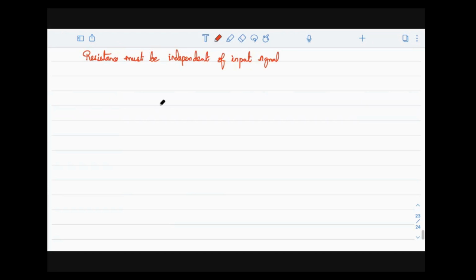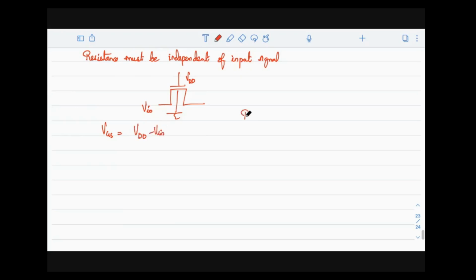Now if I look at the switch, this is V in, this is VDD, and consider this as an NMOS switch. What is VGS? VGS is VDD minus V in, right?